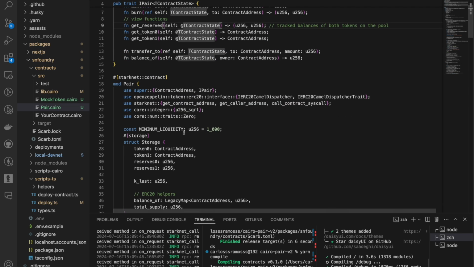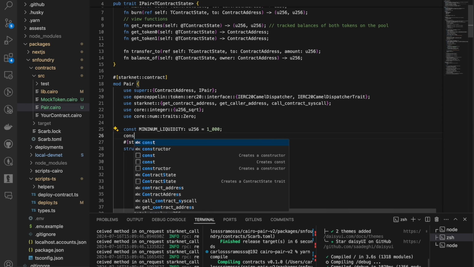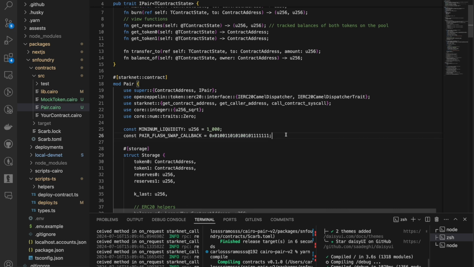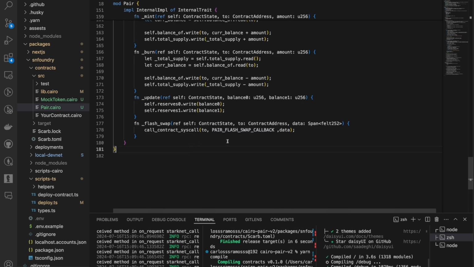It's an entry point that has to be defined on this contract to receive this data, and we can define it here as a constant. So I'm going to put some random number as an entry point for now. Keep it as a to-do to change this to the real function name. So this should work.